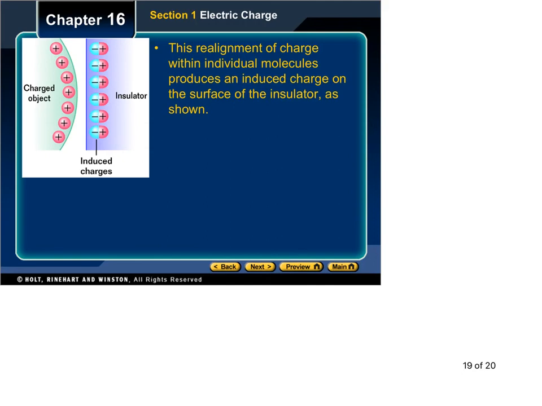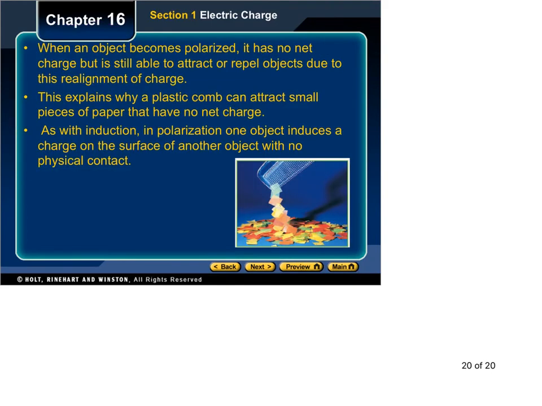So, realignment of charges, illustrated here in this picture. One side of this insulator becomes negative, one side becomes positive, depending on whether we brought a positive or negative charged object next to it.